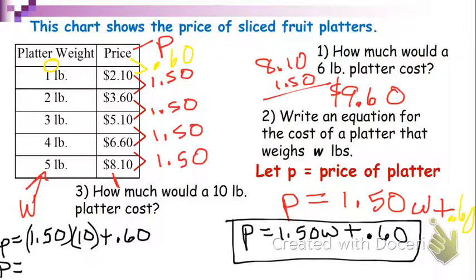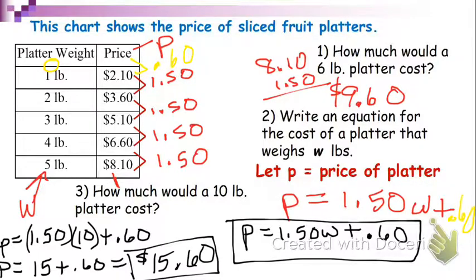So for 10 pounds, if we move the decimal over 1, we'll have 15 plus 0.6, and that equals $15.60. And then just double check to make sure your answer makes sense. So 5 pounds, if I double the 8.10, I'd get 16.20, and this was 10 pounds, so roughly. So that does seem to be within reason.